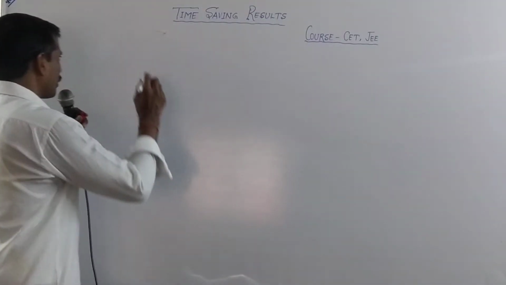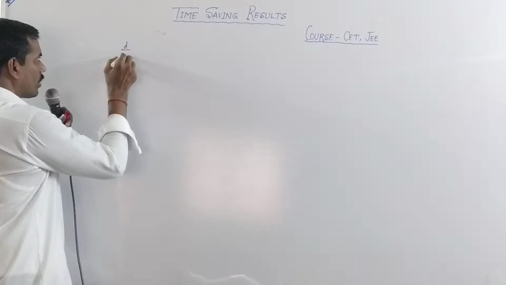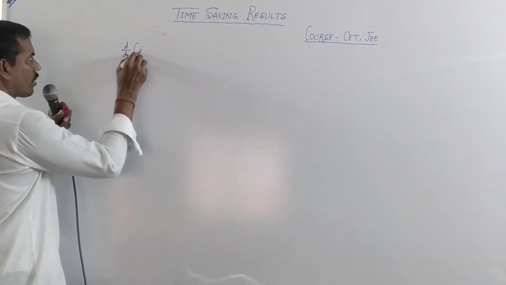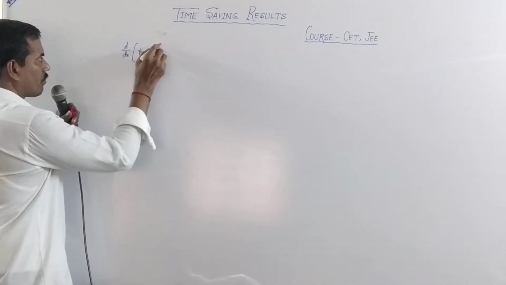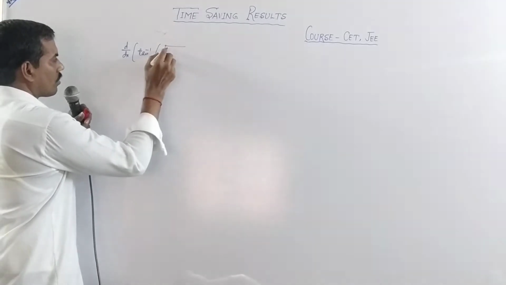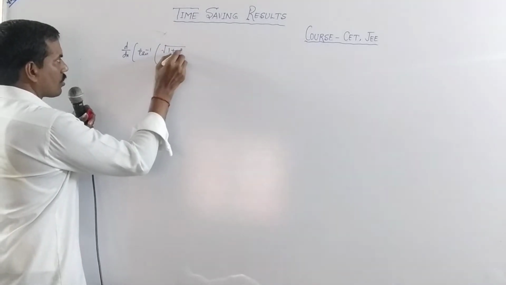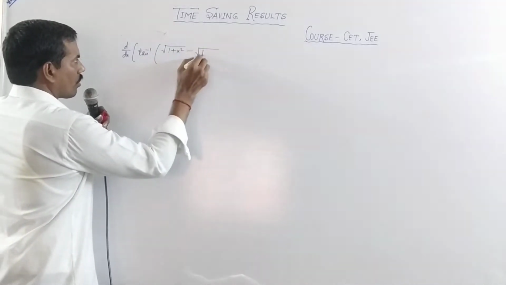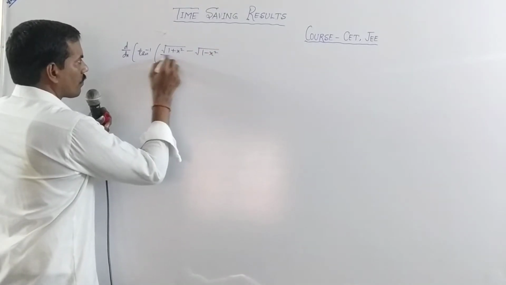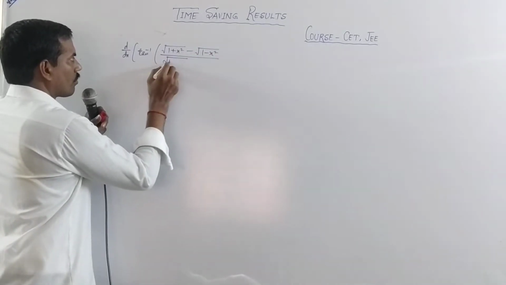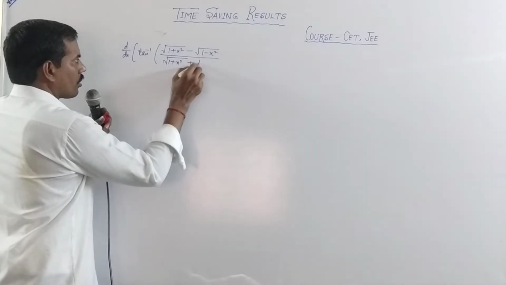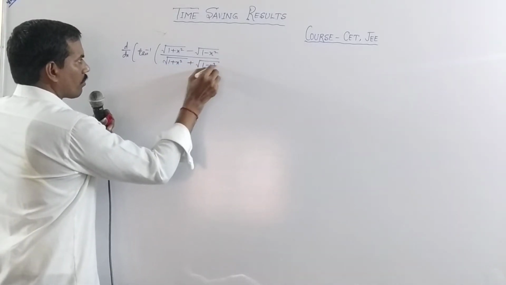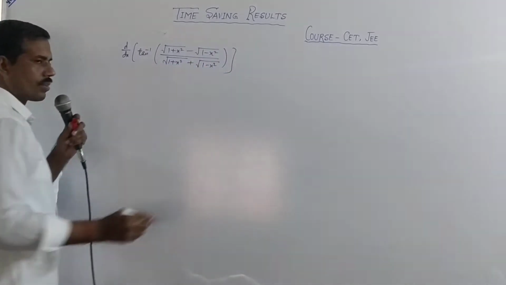Our next time saving result is written as d by dx of tan inverse of (under root of 1 plus x square minus under root of 1 minus x square) whole divided by (under root of 1 plus x square plus under root of 1 minus x square).